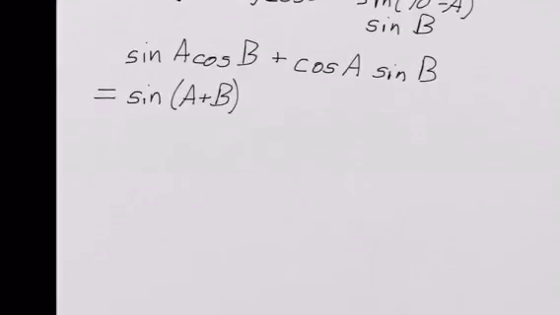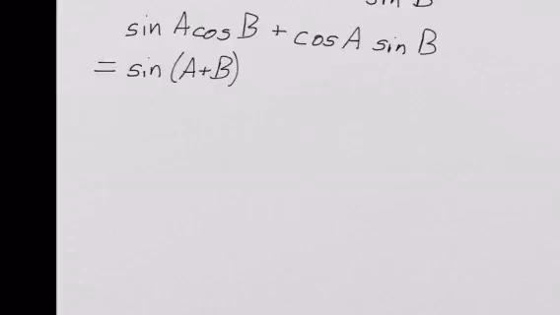So now suppose we want to know what the sine of a minus b is. Well, we're going to use the trick that we used previously to find the cosine of a sum. That is to change that negative b to just say we're doing a plus negative b.